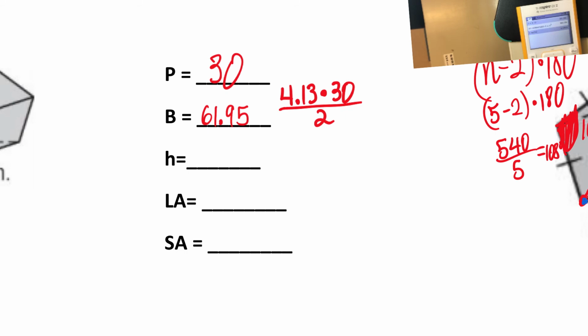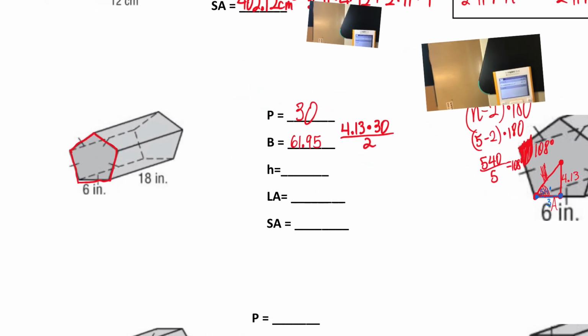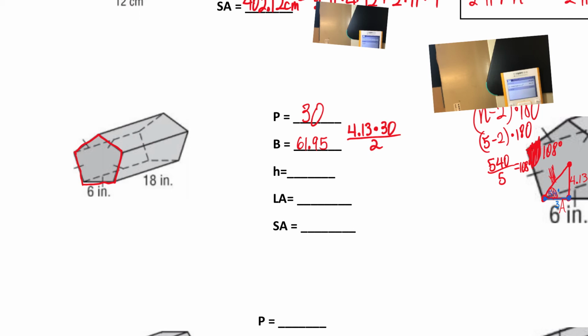Okay. What's the height of this prism? 18 is the distance between the bases. So now for lateral surface area, we just do P times H. What does that give you? Okay, 540 square inches.